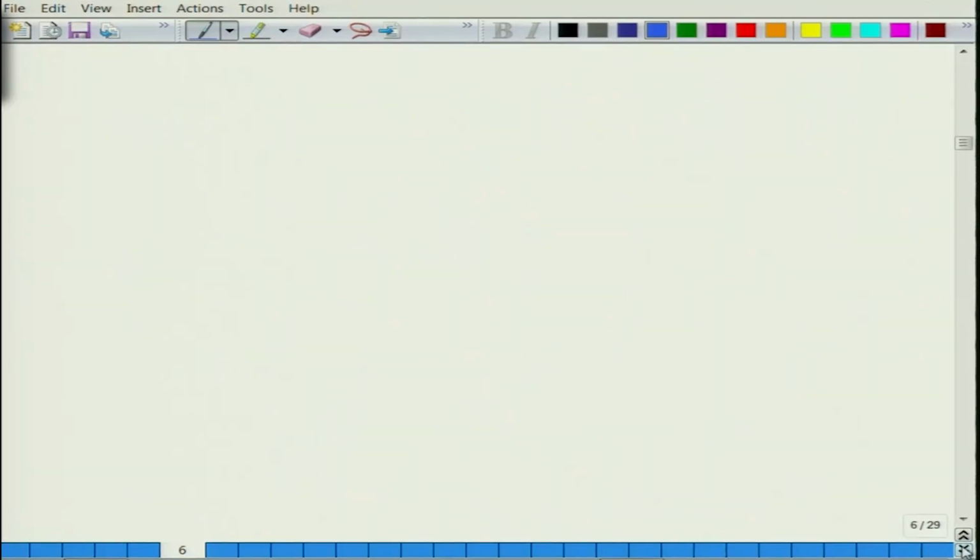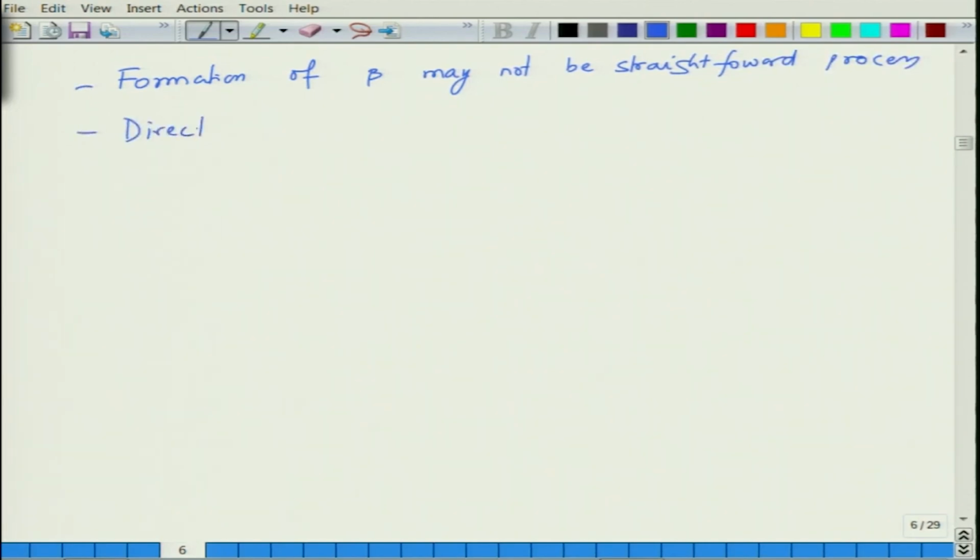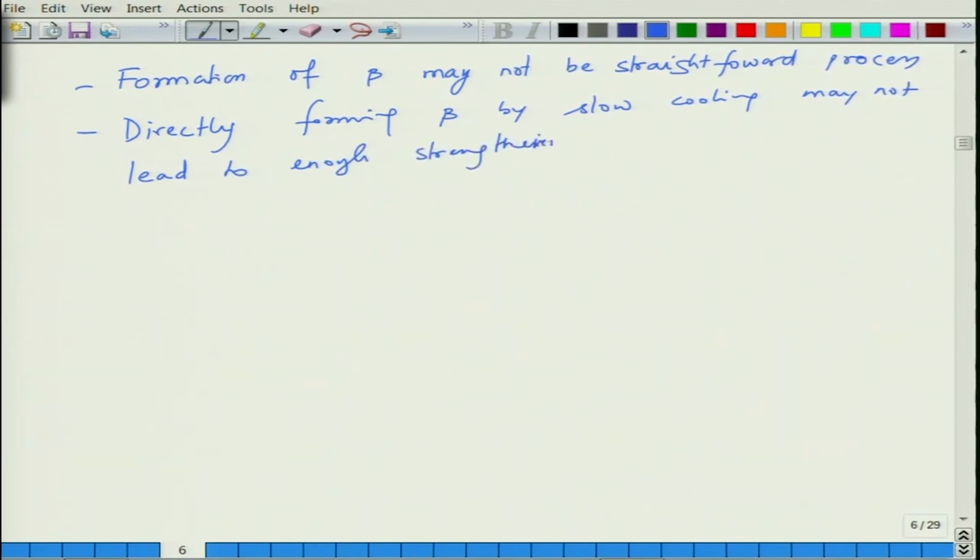And why you have to do this is because formation of beta may not be a straightforward process, and directly forming beta by slow cooling may not lead to enough strengthening. So there are a lot of alloys in which you do this kind of treatment.